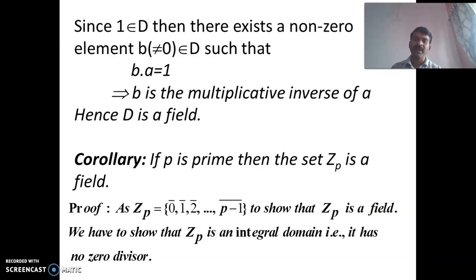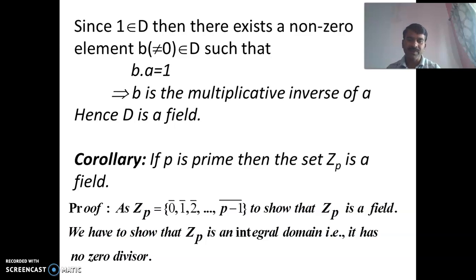So every finite integral domain is a field. As we have seen in the previous property, every field is an integral domain, but not conversely, and every finite integral domain is a field. So now we have a corollary of this.